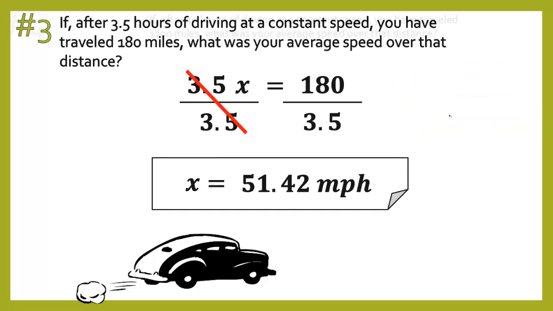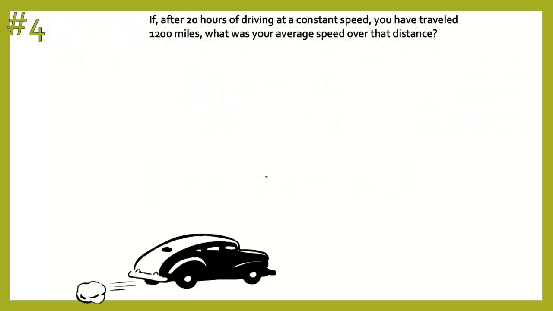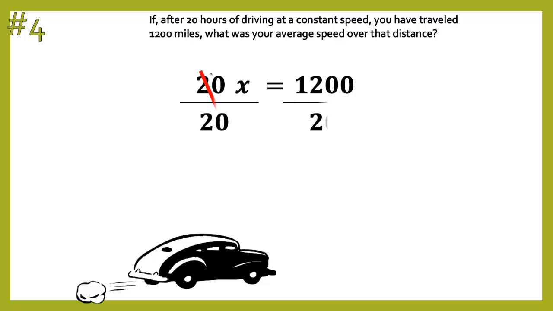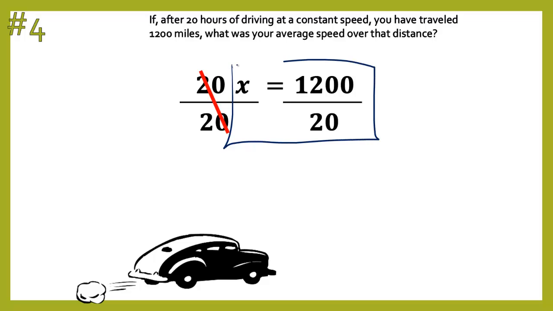I'm going to present it a different way here. It says if after driving 20 hours at a constant speed, you have traveled 1,200 miles, what was your average speed? Again, you could do 20x equals 1,200, and then you end up dividing both sides by 20 anyway. This is like my formula on the other page: total distance divided by total time.